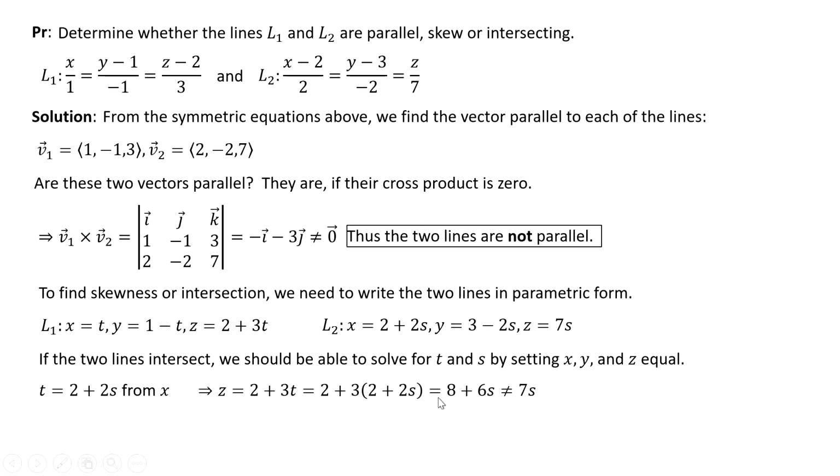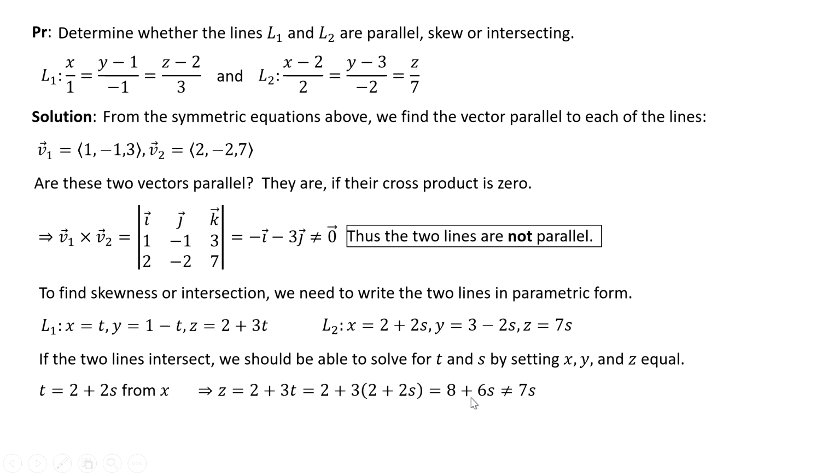And when you do that, you get 8 plus 6s. So the z coordinate of L1 is 8 plus 6s. Is that what the z coordinate of the second line is? No, it is 7s.